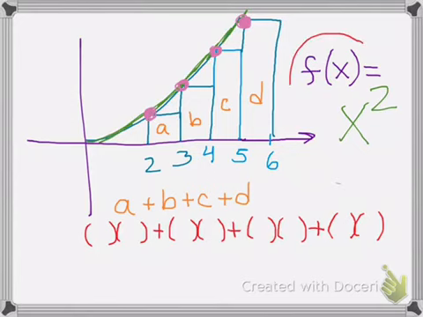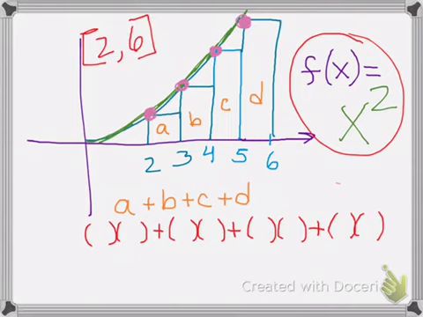I have a larger picture of this. So here we have the parabola, x squared, and I want to find the area between 2 and 6, okay? Between 2 and 6, so as you can see, width of 1, width of 1, width of 1, width of 1. The area I'm looking for is the area of rectangles A plus B plus C plus D. What's the area of a rectangle?